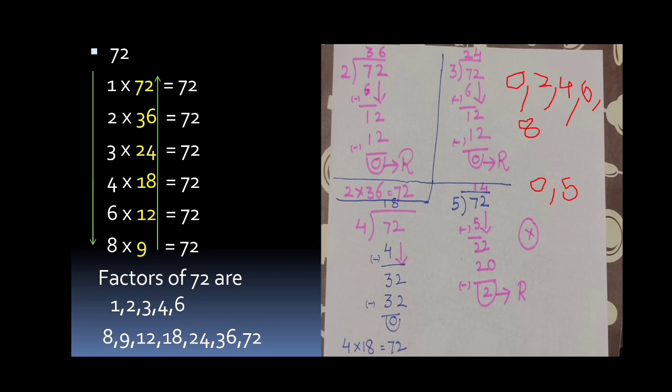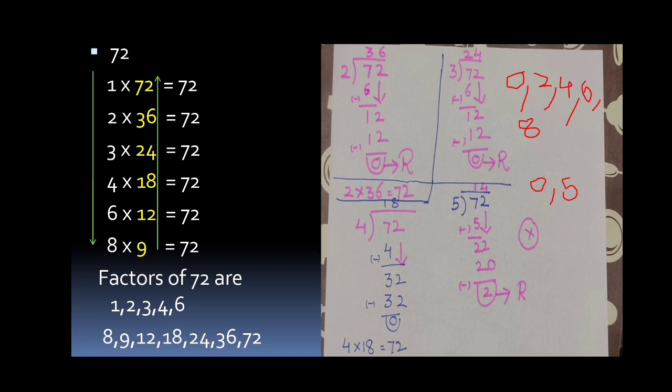Now, here 1 7s are 72, 2 36s are 72, 3 24s are 72, 4 18s are 72, 6 12s are 72, 8 9s are 72. Now we will write the factors of 72 in sequential order: 1, 2, 3, 4, 6, 8, 9, 12, 18, 24, 36, 72. These are all the factors of 72.